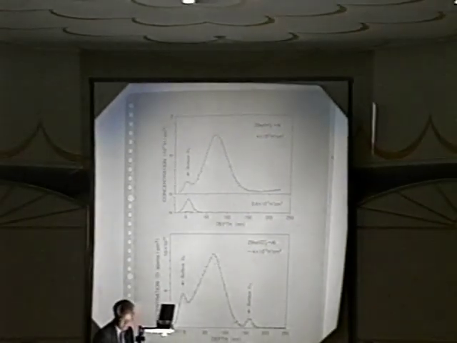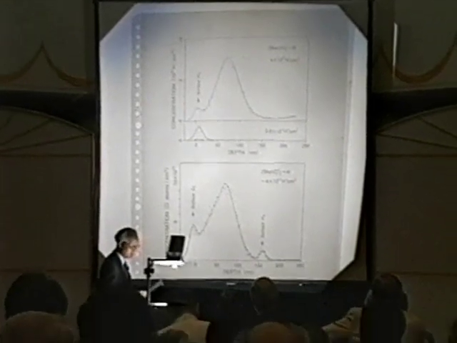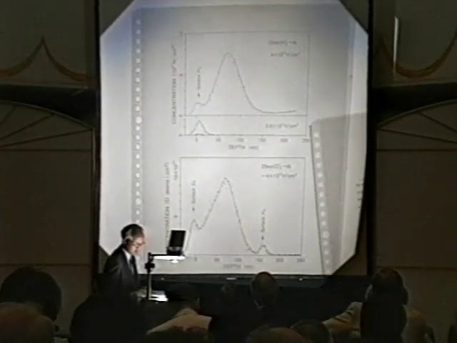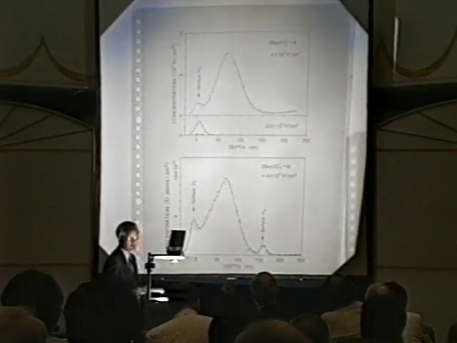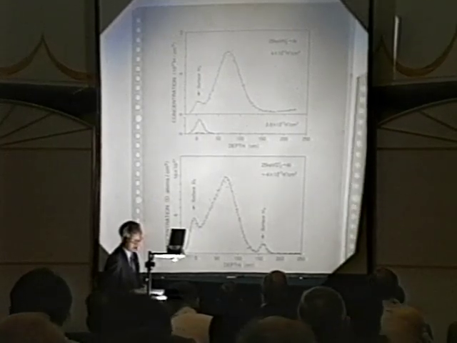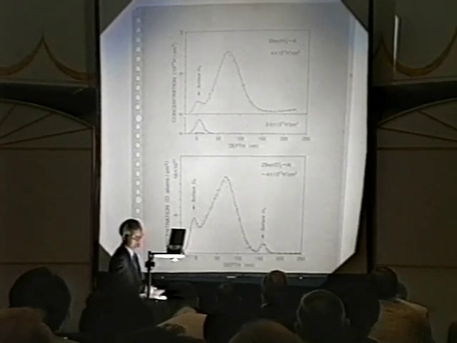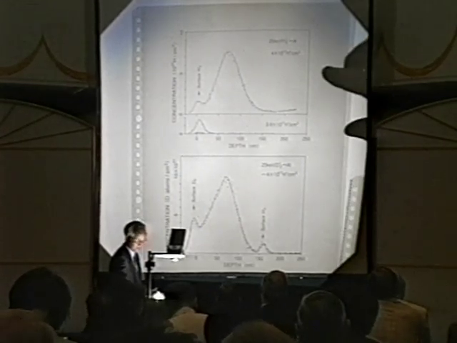And on the other hand, we observe the contained deuterium by ion beam analysis. We use a method called ERDA, an elastic recoil detection method, and we can measure the contained amount of deuterium.